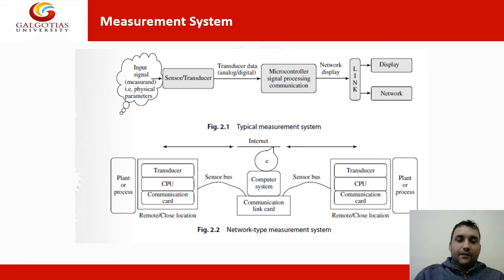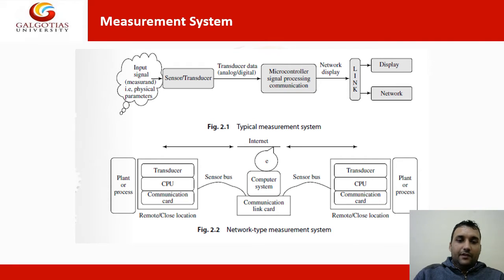The sensor and transducer process this data, and the data is converted from analog to digital, so there is an analog to digital converter. Then there is a microcontroller signal processing system. Then there is a network display that is linked, whether it's a display or it is further processed to the next input variable.